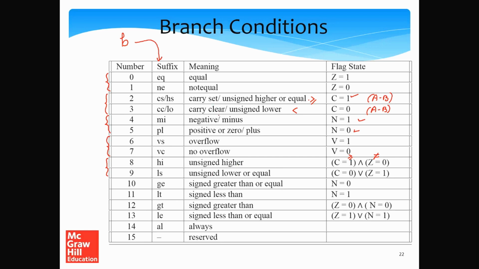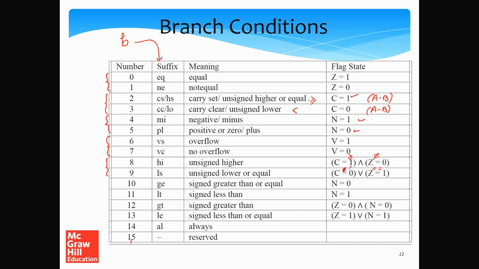Similarly, we can have unsigned lower or equal, which is the opposite of this. Oops, I'm sorry, this is a mistake. C equal to 0 denotes that number A is strictly less than B, so in this case it is unsigned lower.